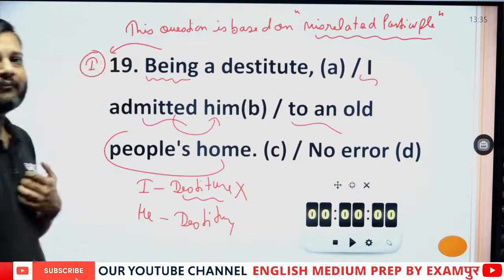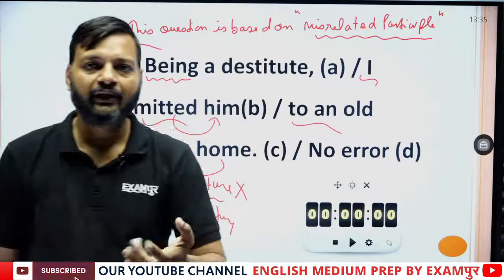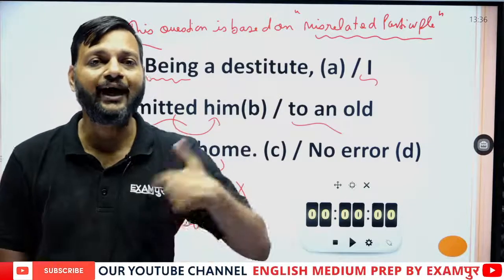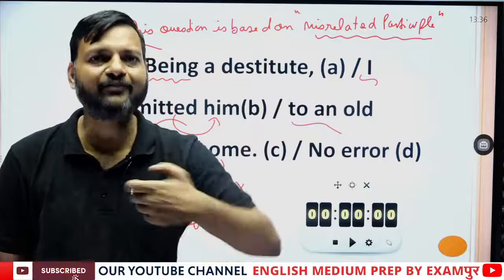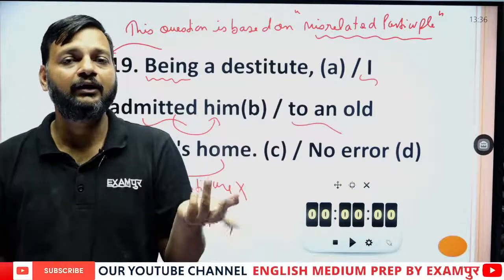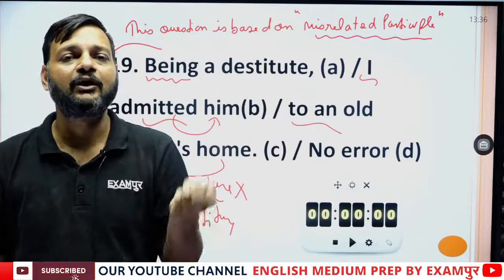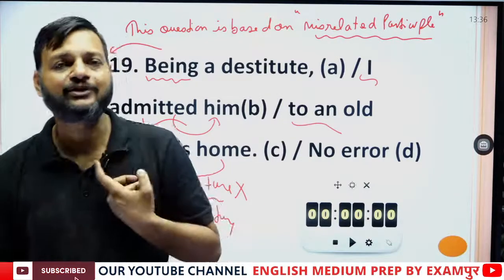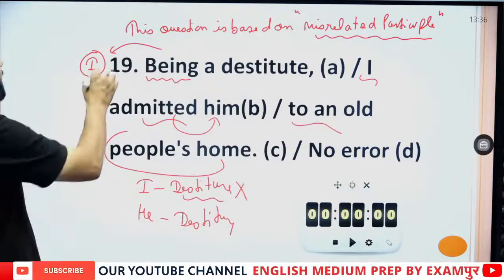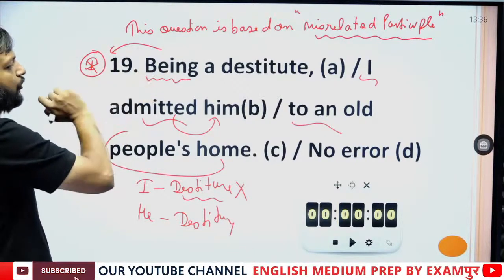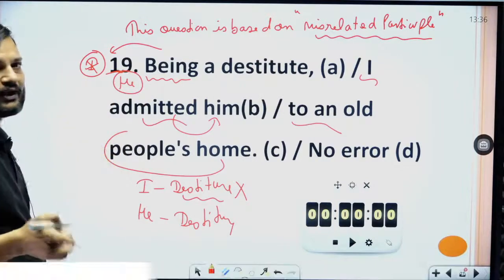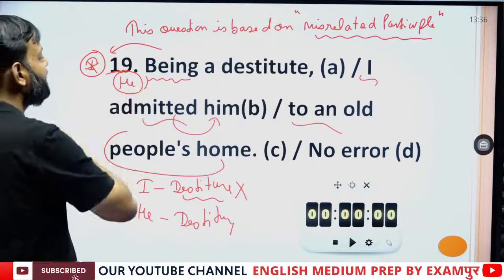If I say I am taking you to school, who is the student, I or you? You are the student. So if I am admitting someone to an old people's home, certainly I am not destitute. So I cannot be the subject of this clause, he should be the subject. Since the subjects are not the same, we need to write "he" after it.